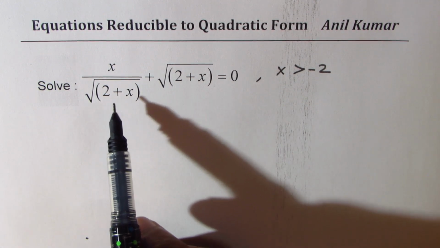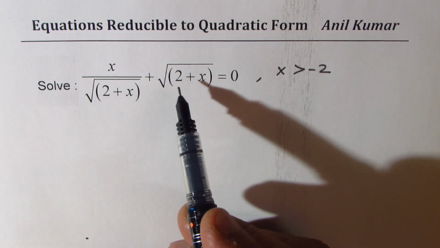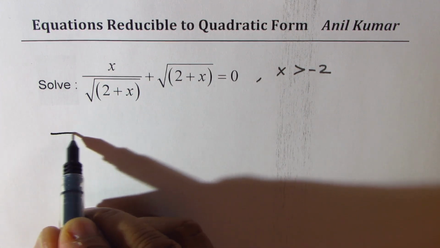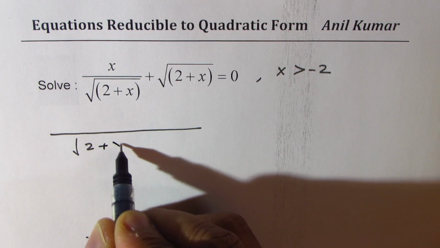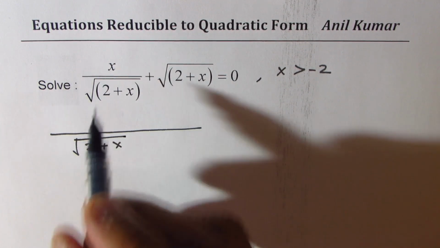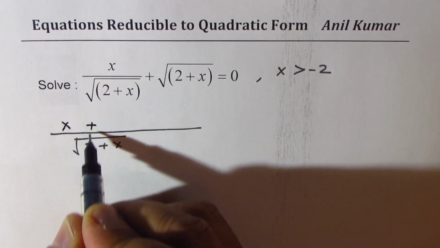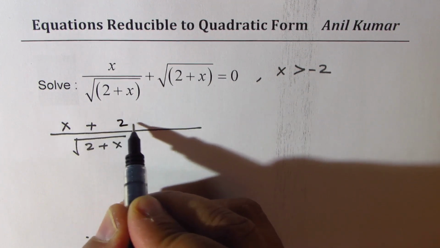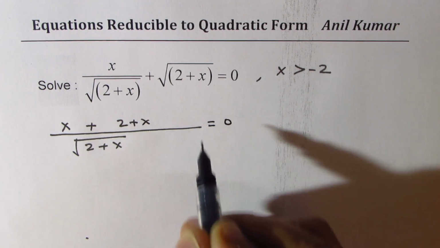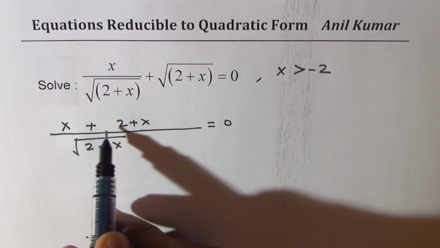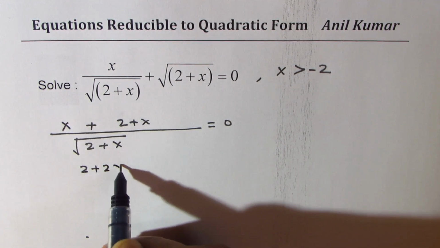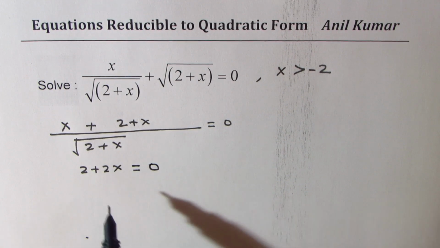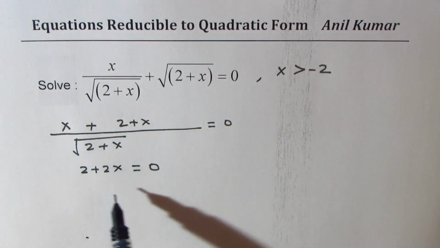So to solve this, let's take a common factor, correct? We could take a common factor of square root of 2 plus x, and what we get here is x plus 2 plus x equals 0, right? So that gives you 2 plus 2x equals 0.